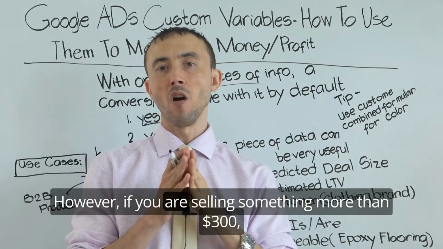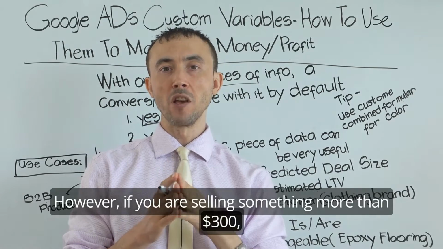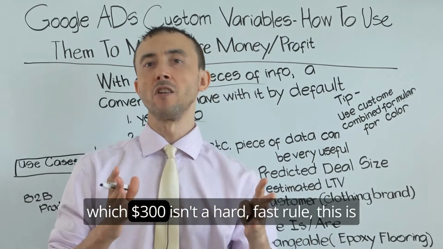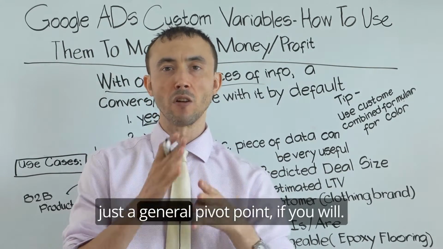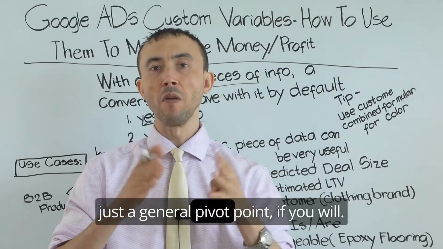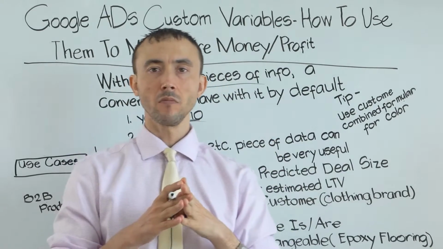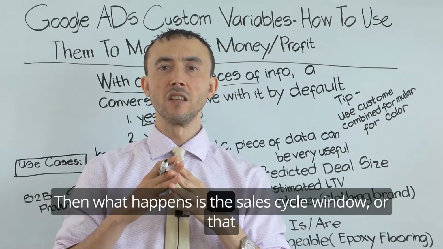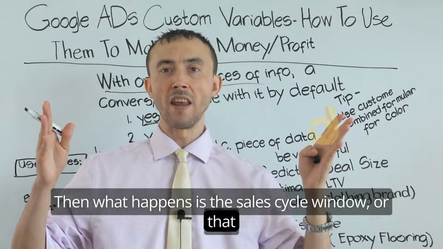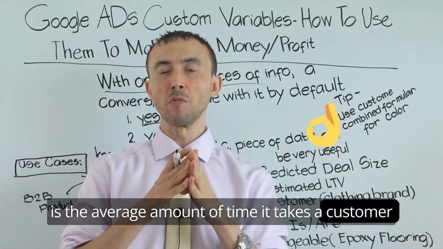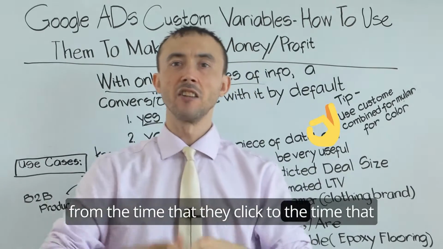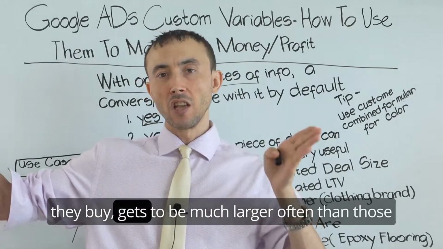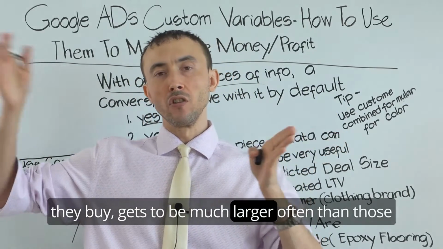However, if you are selling something more than $300, which isn't a hard and fast rule, just a general pivot point, if you will, then the sales cycle window, the average amount of time it takes a customer from the time that they click to the time that they buy, gets to be much larger.